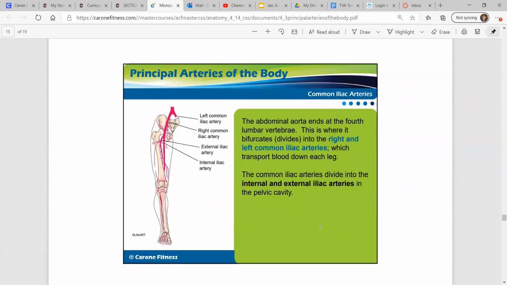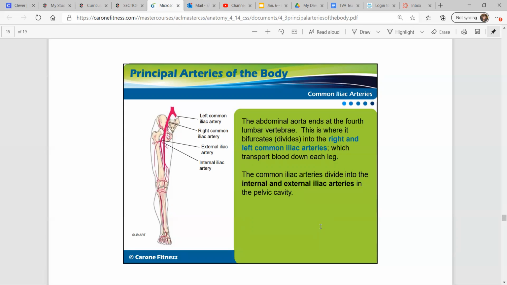The abdominal aorta ends at the fourth lumbar vertebrae, and this is where it bifurcates. Bi means it divides into two. Think of two splitting up. And they split up into the right and left common iliac arteries. And those arteries transport blood down each of your legs.